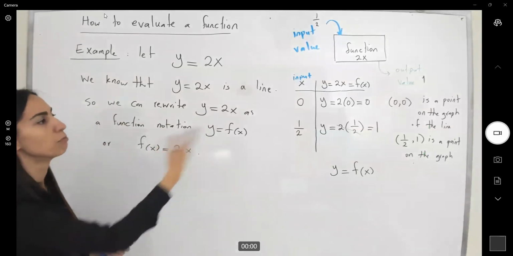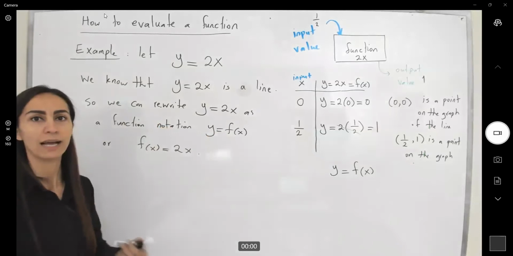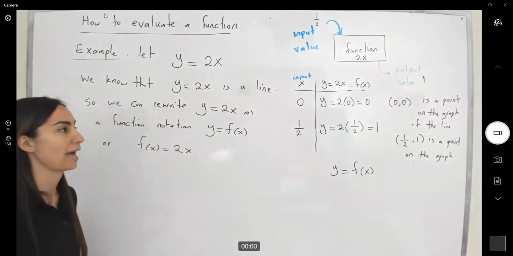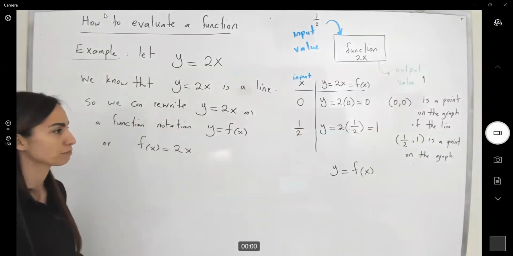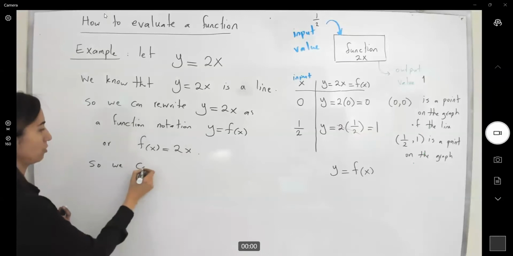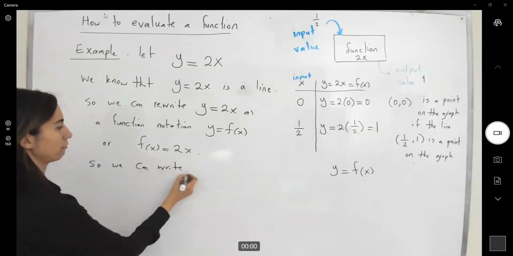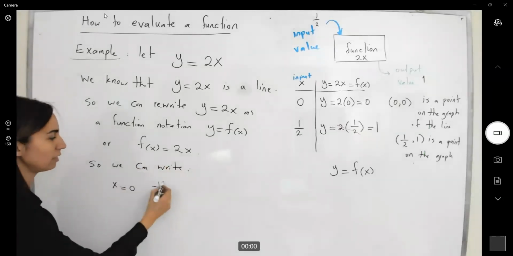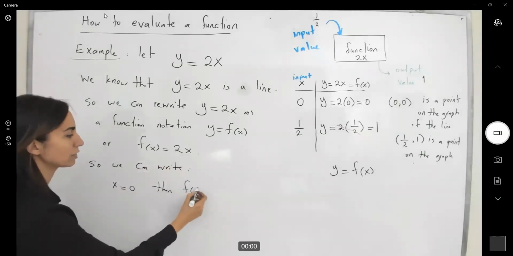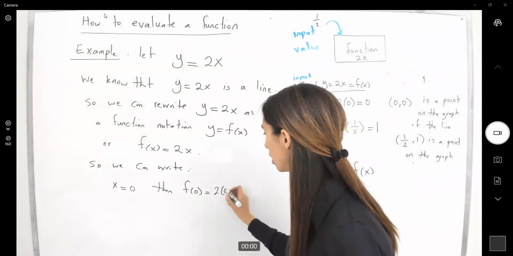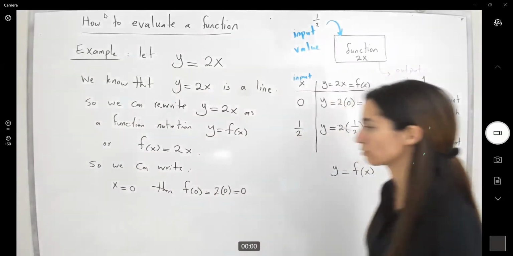Very good. We can continue this process. You can enter more numbers for your x and evaluate your y value, or your function, at those values. So we can write the following. If x is equal to 0, then f of 0, which is my y value, equals 2 times 0, or 0.